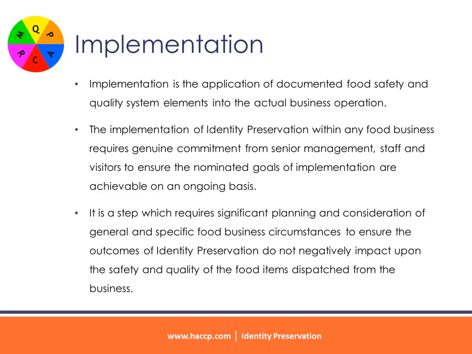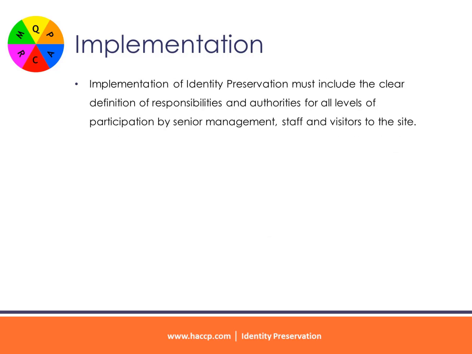It is a step which requires significant planning and consideration of general and specific food business circumstances to ensure the outcomes of identity preservation do not negatively impact upon the safety and quality of the food items dispatched from the business. Implementation of identity preservation must include the clear definition of responsibilities and authorities for all levels of participation by senior management, staff and visitors to the site.